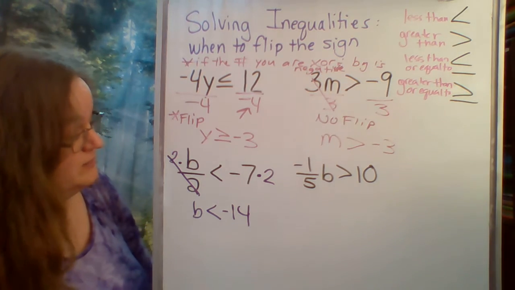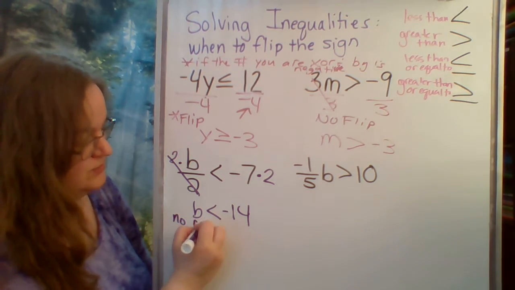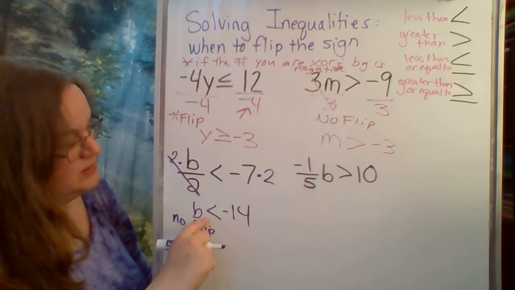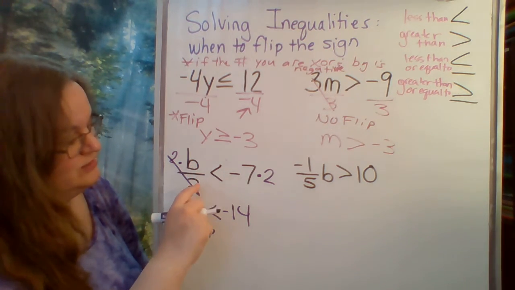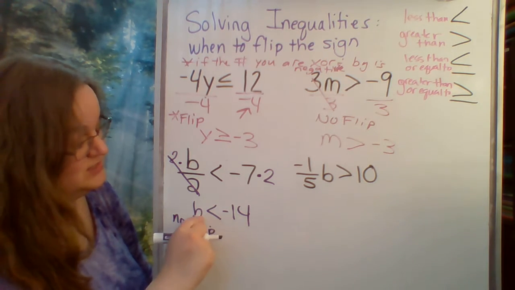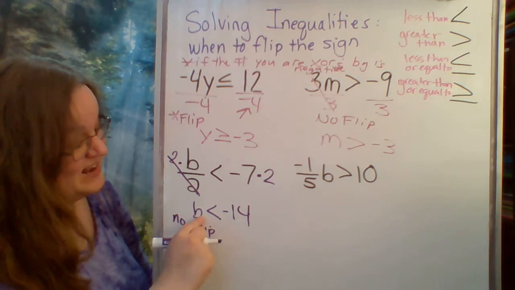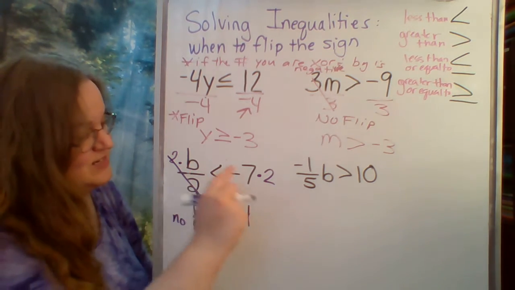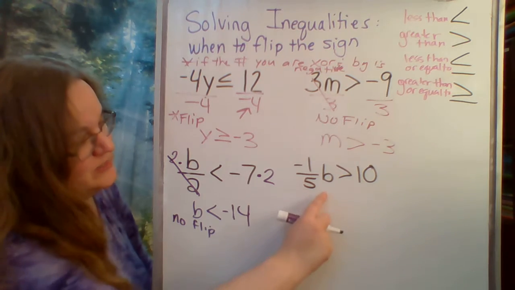It's going to stay the same. This would be a case of no flip. If I pick a number such as -20, divided by 2 is -10, and -10 is less than -7.